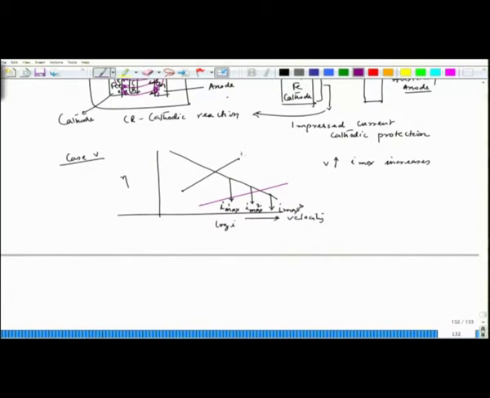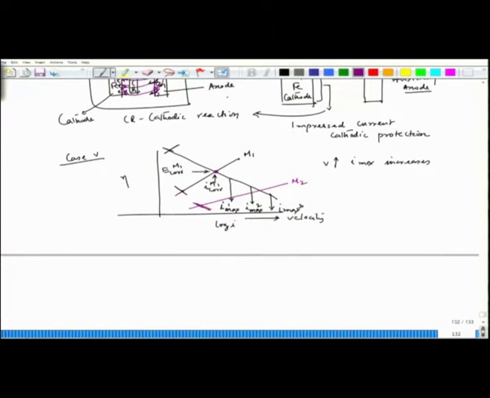Now, you could see in this case, this is metal 1 and this is metal 2, and this is the polarization, this is the corrosion potential and corrosion rate for metal 1. So, this is I corr M1 and this is E corr metal 1, whereas in case of metal 2, I am just drawing the other lines, cathodic as well as anodic polarization lines.